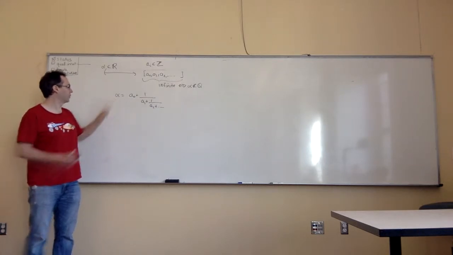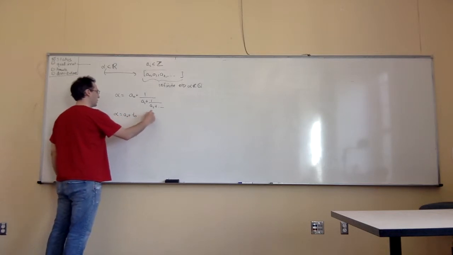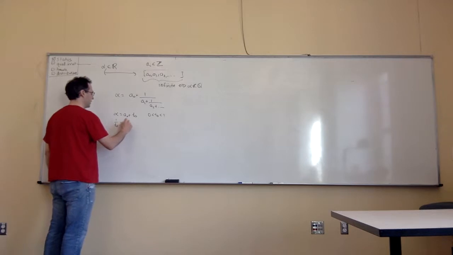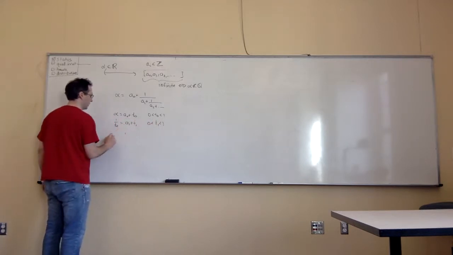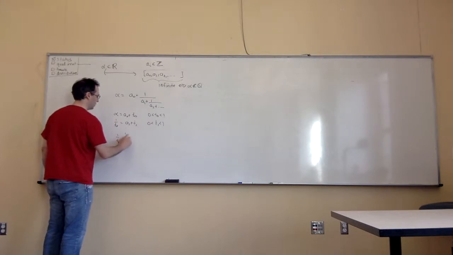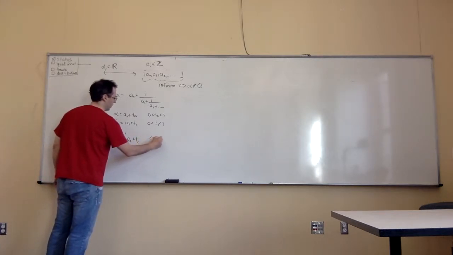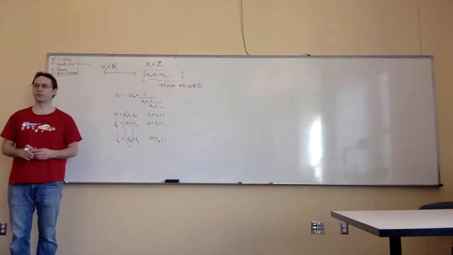You take the floor, you basically just write alpha equals a0 plus t0, where 0 is less than t0 is less than 1. Then you invert t0 and write that as a1 plus t1, and you just repeat this process. A bunch of integers pop out, and the integers right here are the continued fraction expansion of your number.